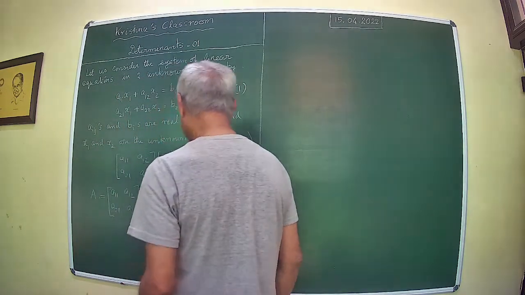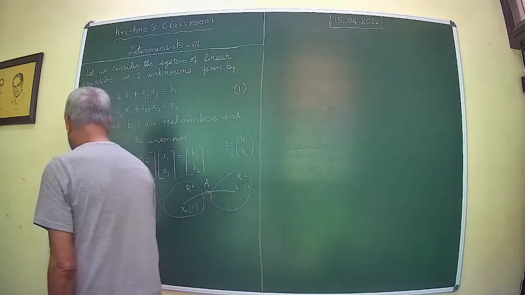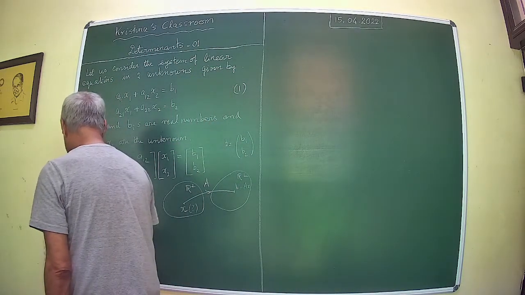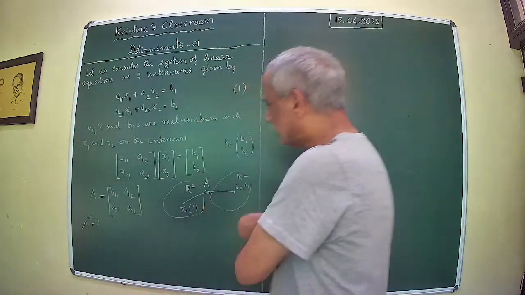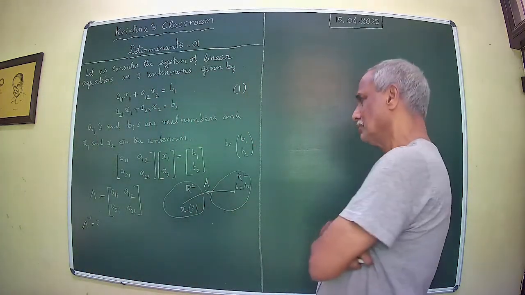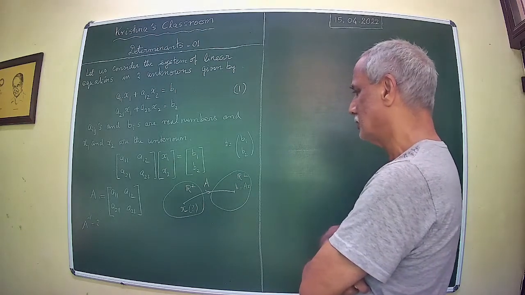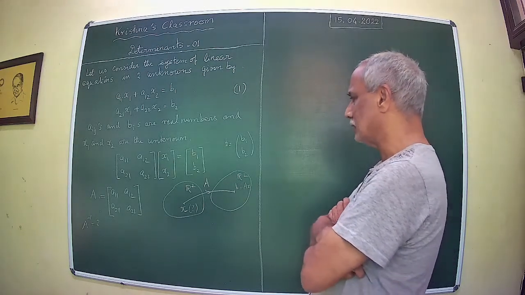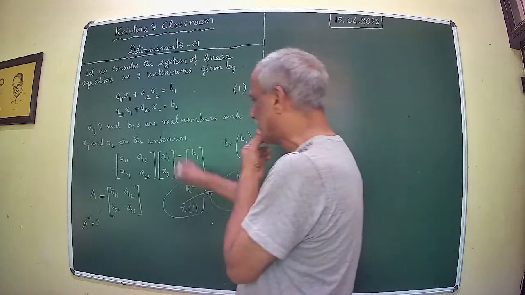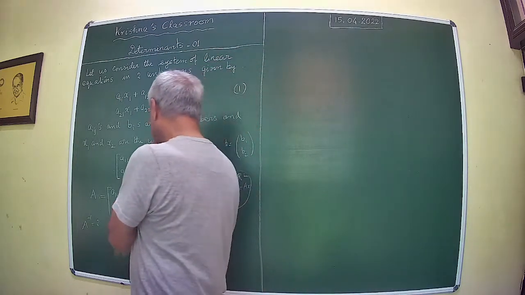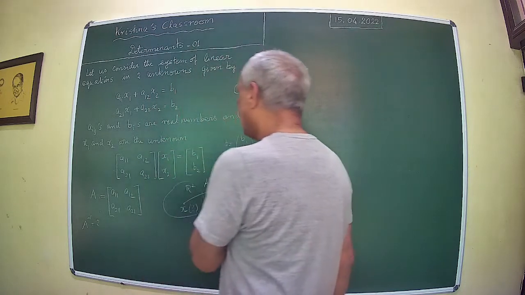Okay, find A inverse. What is A inverse? This is the problem. Okay, so we will explore that later, but we will go to the conventional way of solving this pair of equations, and it's very simple.